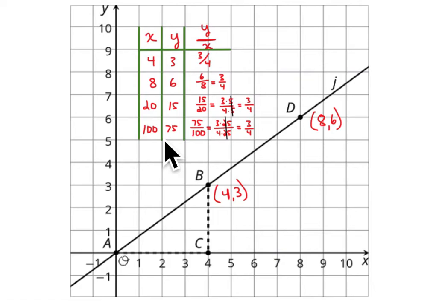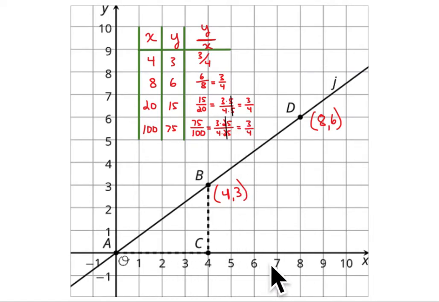How about 100 for the x value and 75 for the y value? Well, that's like having 3/4 out of a dollar, so it's 3/4. So 75 out of 100, or a ratio of 75 to 100, is the same as 3 to 4. Divide each by 25, you get 3 to 4.